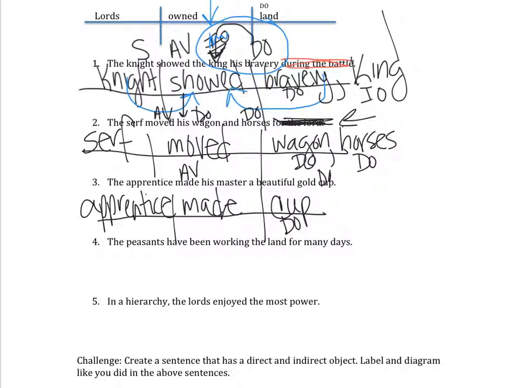Okay? But let's see if you have an indirect object somewhere over here before the direct object. To whom or for whom did he make that cup? He made the cup for his master. So master is the indirect object.